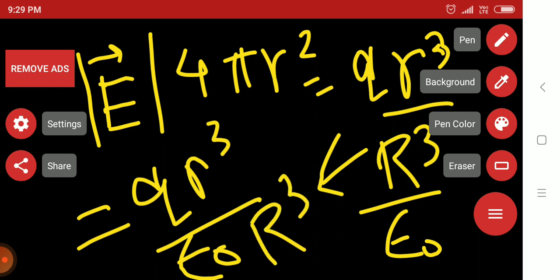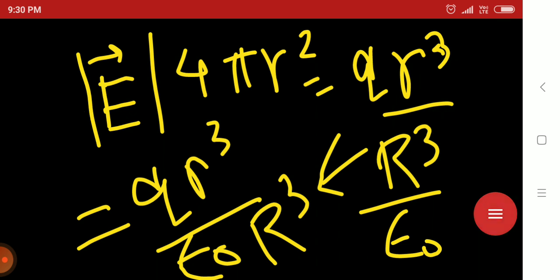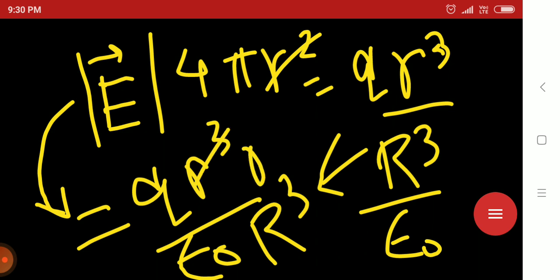Now we will calculate the electric field. E into 4 pi r square equals Q small r cube by epsilon naught capital R cube. Small r square and r cube cancel out here, giving Q r by epsilon naught R cube.